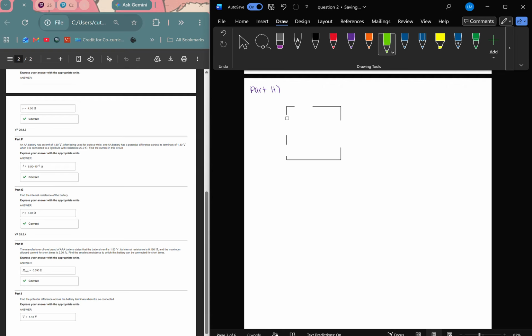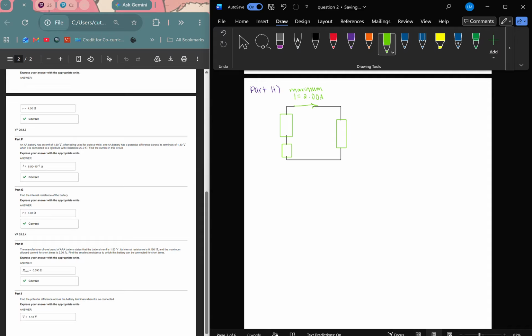So let me draw everything. So this is going to be my battery, and then this is going to be the internal resistance. We know that the maximum is 2.00 amperes. I'm going to put max up here.